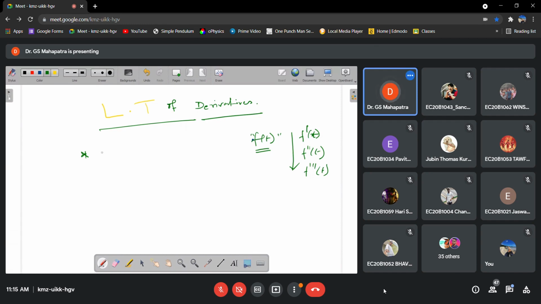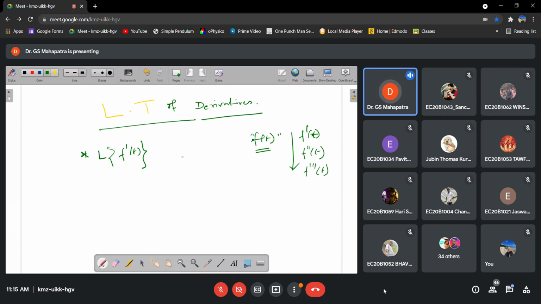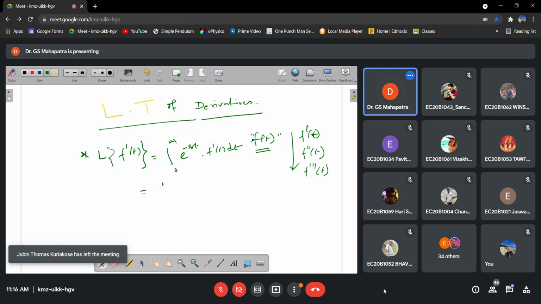Okay, so the Laplace transform of the derivative, say, f dash t. So f dash t is also a function of t, correct? Derivative of the function with respect to t. So using the definition of the Laplace transform, it is integral from 0 to infinity of e to the power minus st into f dash t dt.